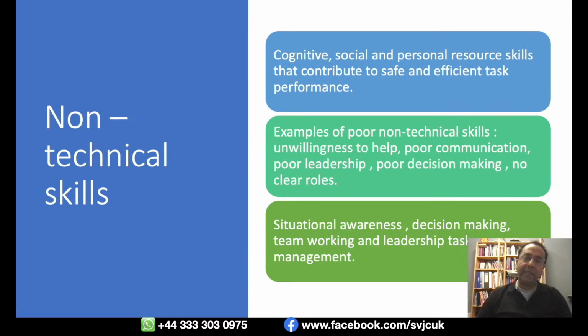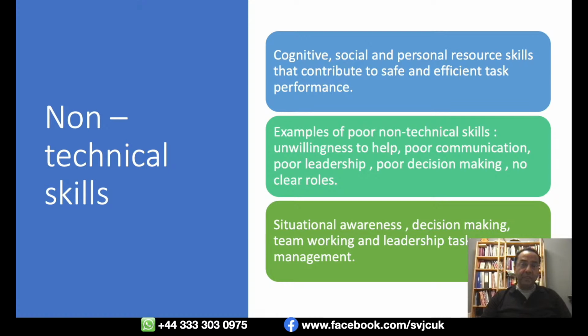The non-technical skills which I was talking about are cognitive skills, social skills, and interpersonal skills, which contribute to safe and efficient task performance. So what are the examples of poor non-technical skills? One is unwillingness to help. Second is poor communication.